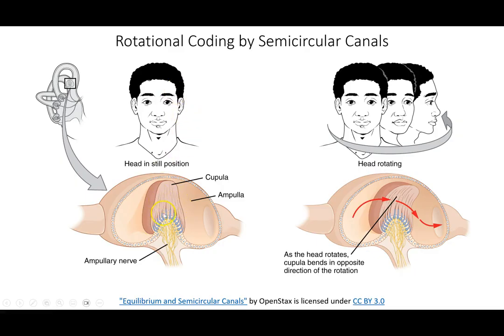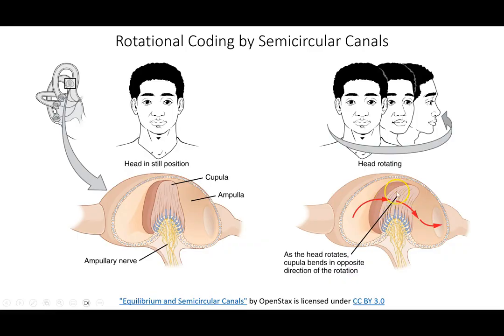So in the still position, all of that's stationary, and then as the head rotates in one direction, you can see the head is rotating here, this would be to the left. This is a mirror image. So this would be head rotation to the left, and so you can see that with rotation, the cupula is going to bend in the opposite direction of the rotation.